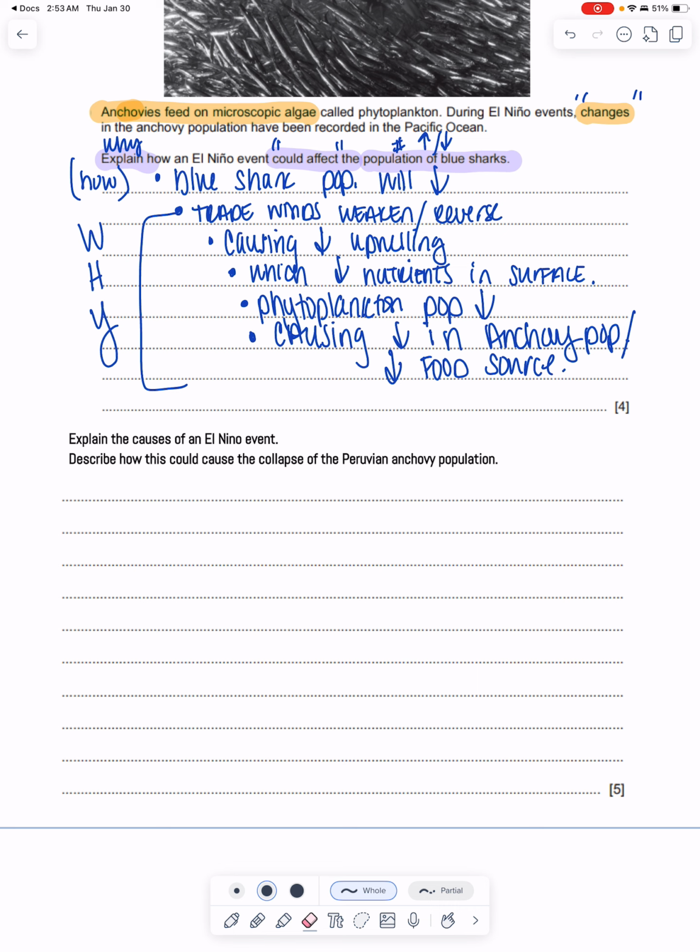We'll have, again, just like a decrease in the strength or weakening of your trade winds. We could also talk about the reversal. This keeps warmer water off the coast of South America. Less upwelling, less nutrients go to the surface. So we'll have less of a phytoplankton population or less productivity, less of a food source or organic material for the anchovies.